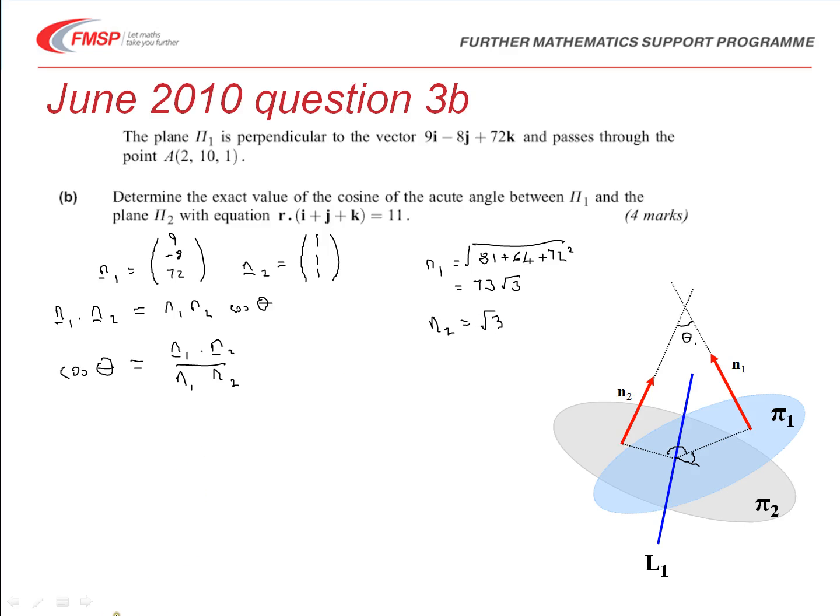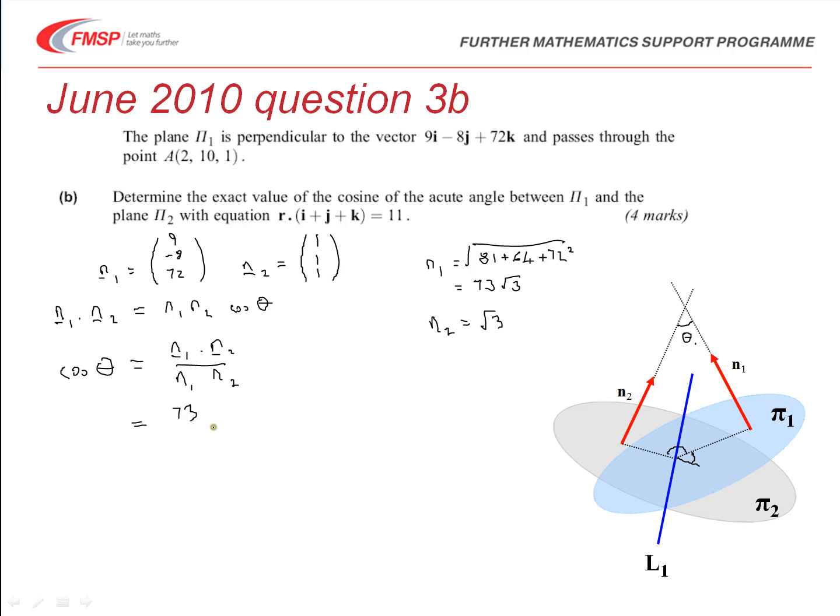Okay, because what have we now got? Well, if we do the scalar product, we've got 1 times 9, 1 times negative 8, and 1 times 72, and then the 9 makes 81, and we take away the 8, and that makes 73 on top.